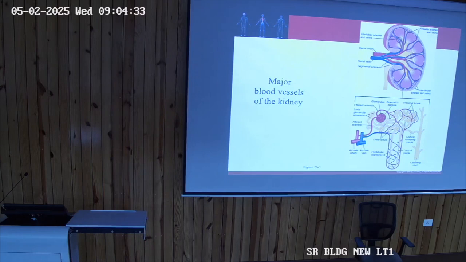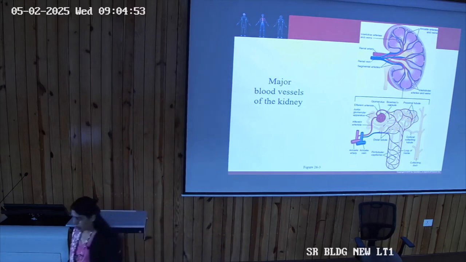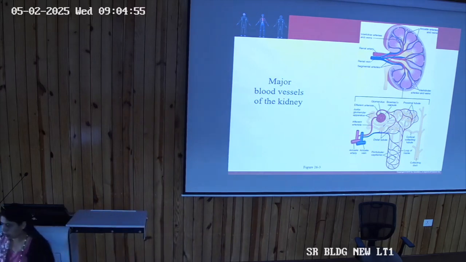Body fluid volume, okay. And after that, synthesis, secretion and metabolism of various hormones, okay, resulting into the regulation of blood pressure or arterial blood pressure. So regarding the functions of blood pressure regulation, we need to have the renal circulation idea, okay.